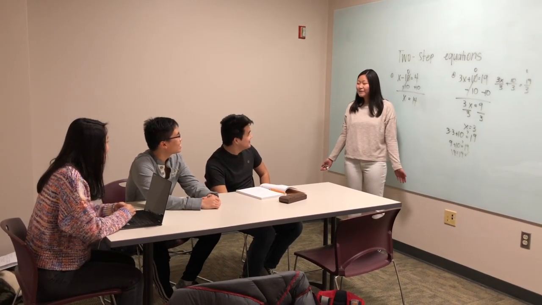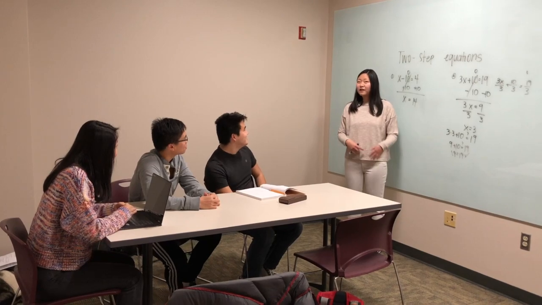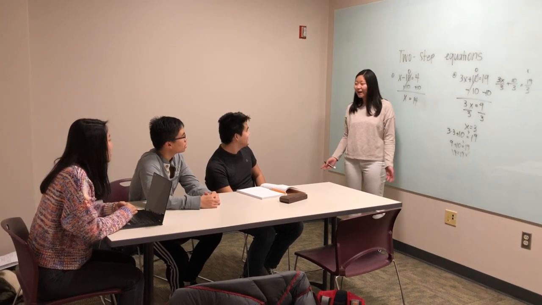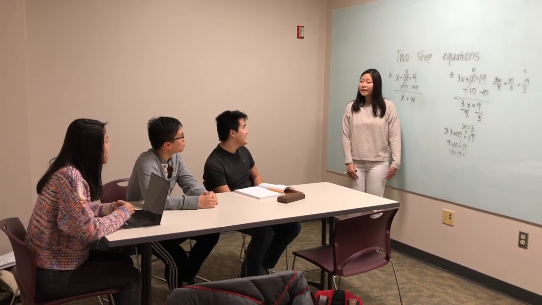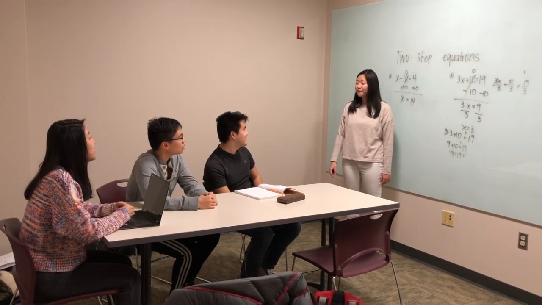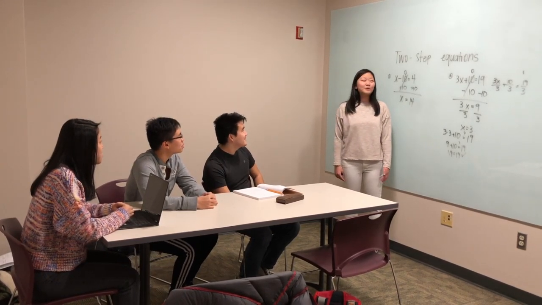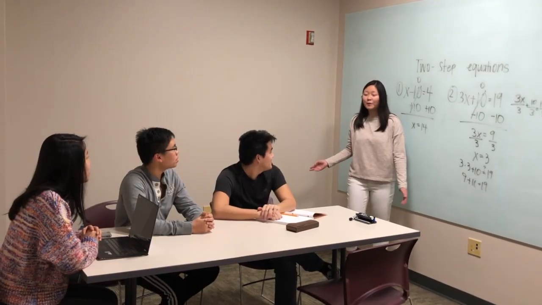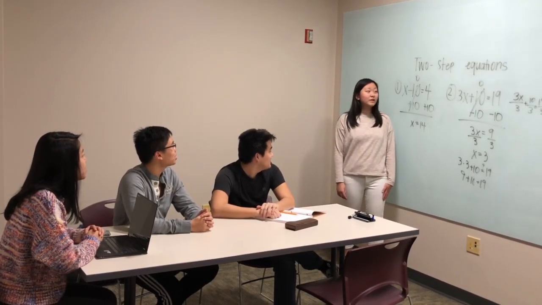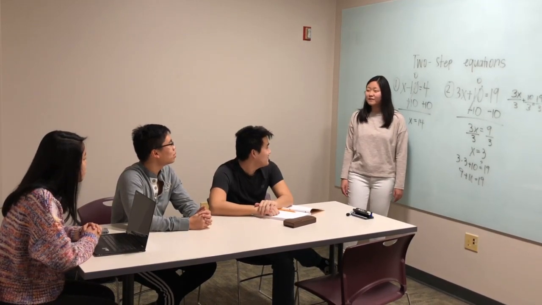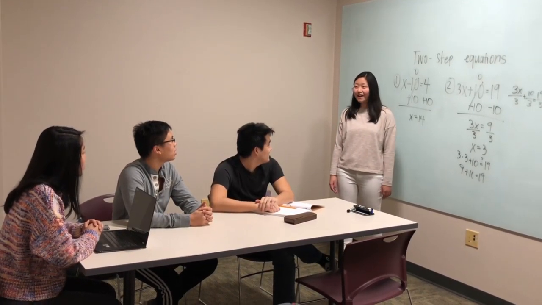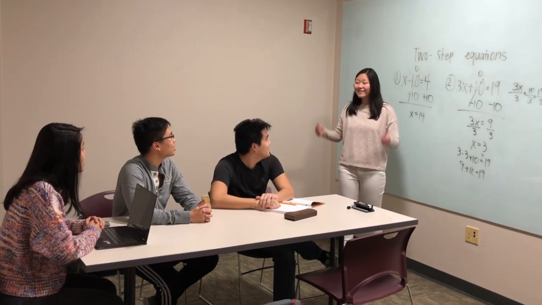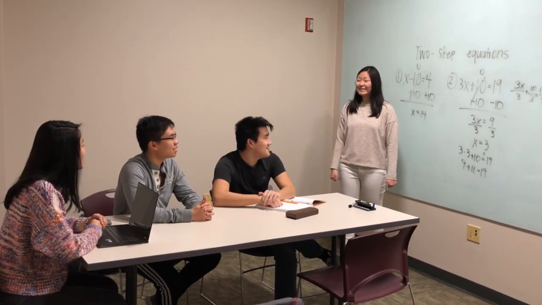Now you gotta have x on one side. There's one more step. Multiply or divide. Two-step equations. Simple as that. Isolate the x. And that's a fact.